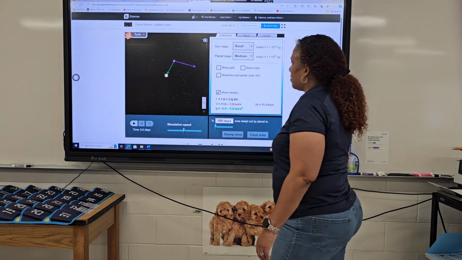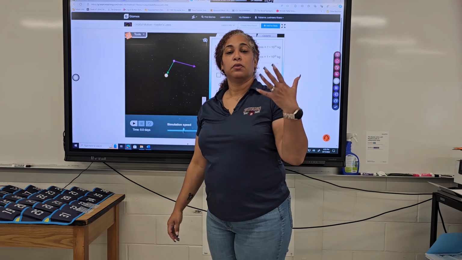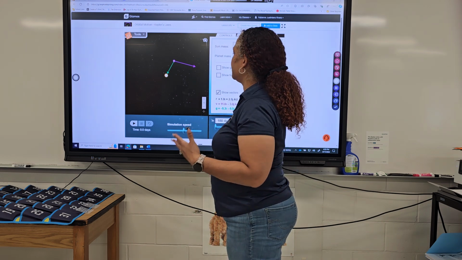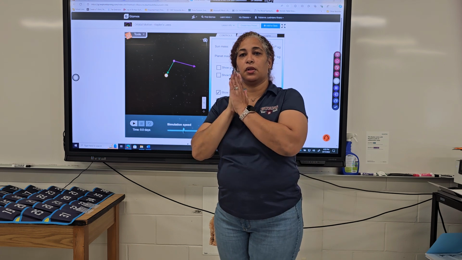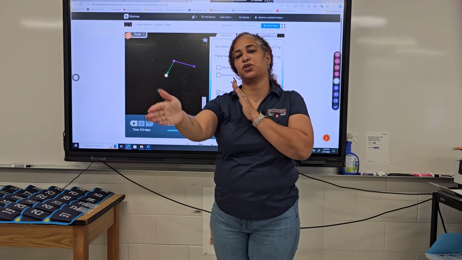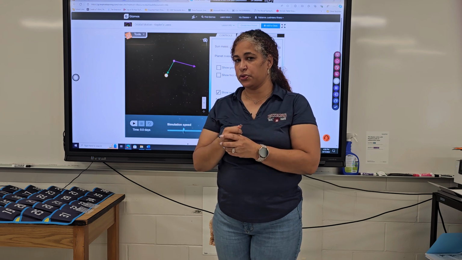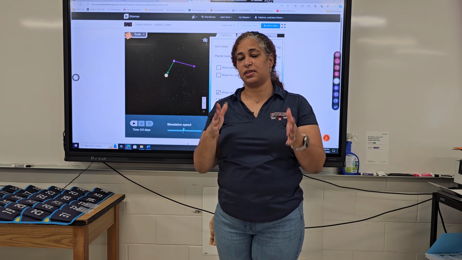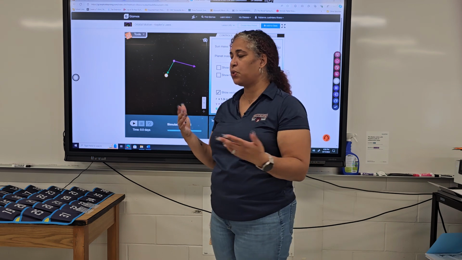So when it comes to orbital motions, first of all, it's important to understand how orbits work. An object will go in the direction it was originally going before something interferes with it. So an object at rest stays at rest, an object in motion stays in motion unless acted upon by an outside force.